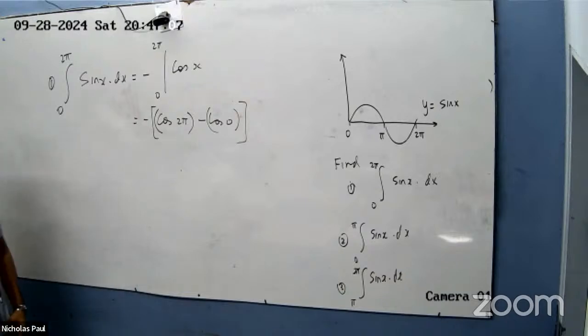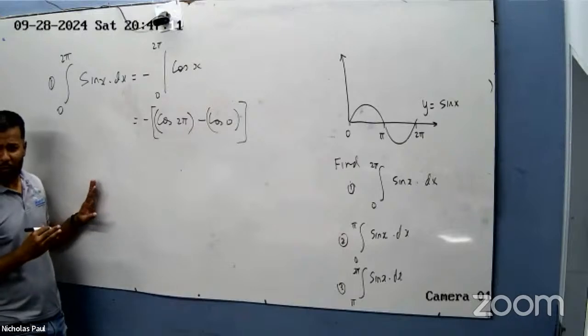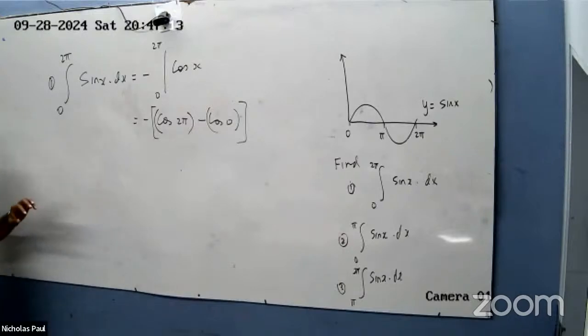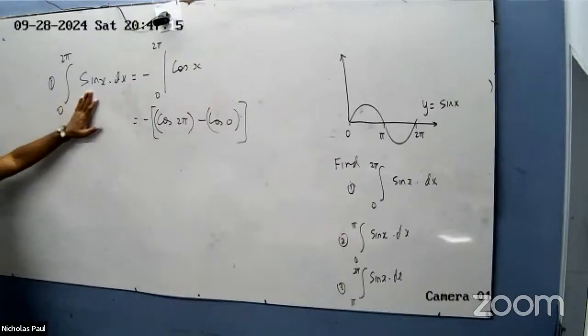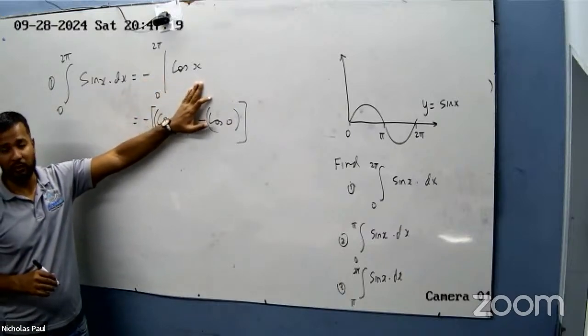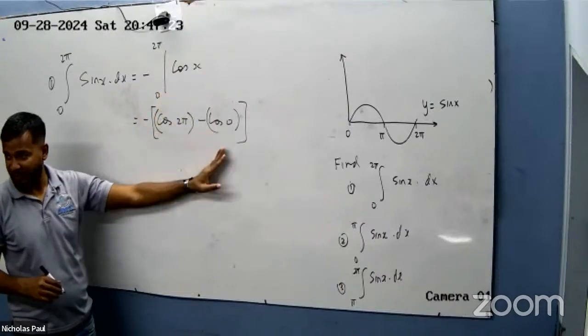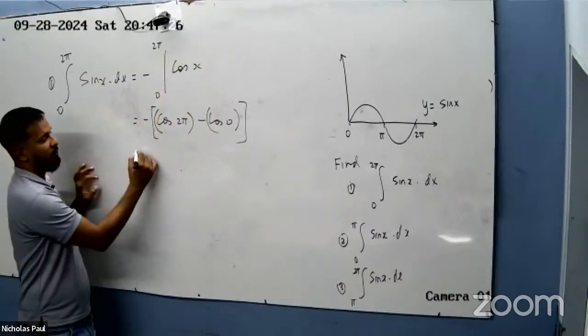How much did you get when you work that out? Do you follow what's going on? When you integrate sine again, minus cos, and then what do you do after? Plug in 2 pi and then plug in 0, and subtract the values. You're supposed to get 0.